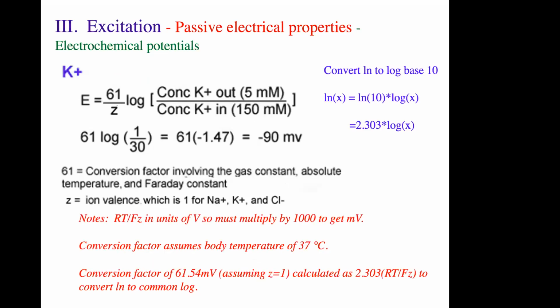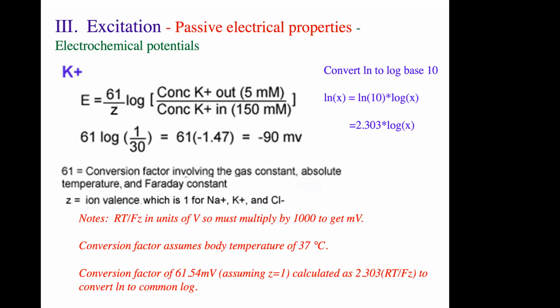So in this slide, I'm gonna let you in on a little simple secret. This slide is pretty busy, but there's some very useful information in here. This slide illustrates a calculation of E sub K, but it shows you a little trick. If you are making this calculation for cells inside of a human body, where the body temperature is 37 C, the value of RT over FZ can literally be boiled down to 61.